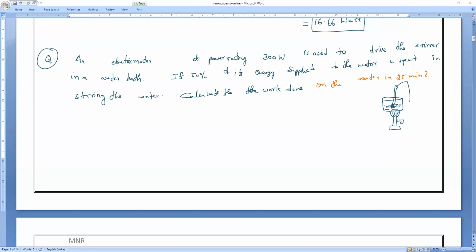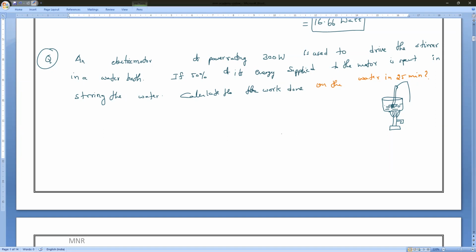Pranav, read the question. An electric motor of power 300 watt is actually putting out power.